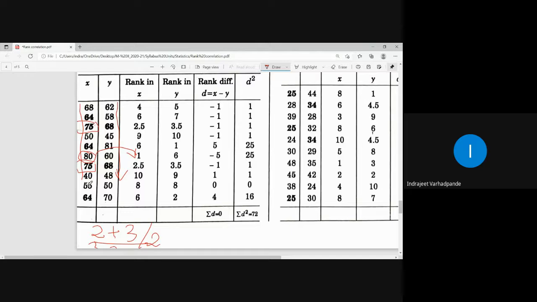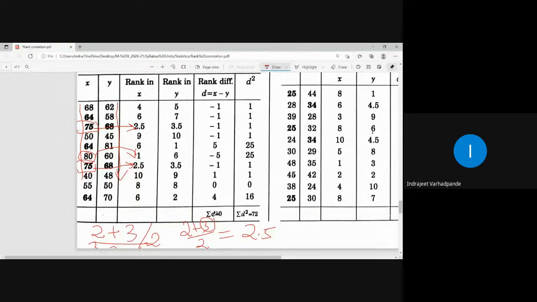But as these numbers are the same, I will take the average of those two numbers. 2 plus 3 is 5, 5 upon 2 is 2.5. So both the values will be assigned rank 2.5. But the calculation for ranks up to 3 is over, so the next number will be assigned rank 4.